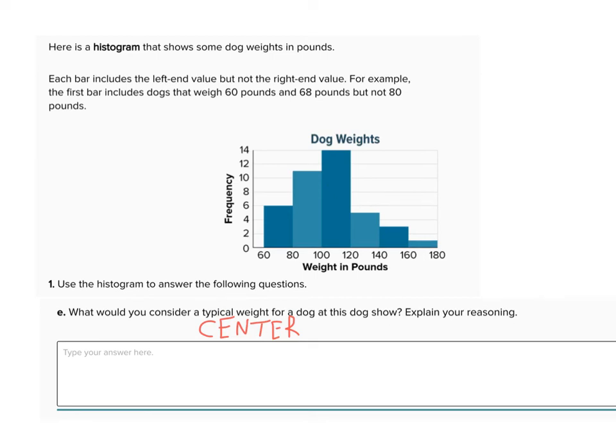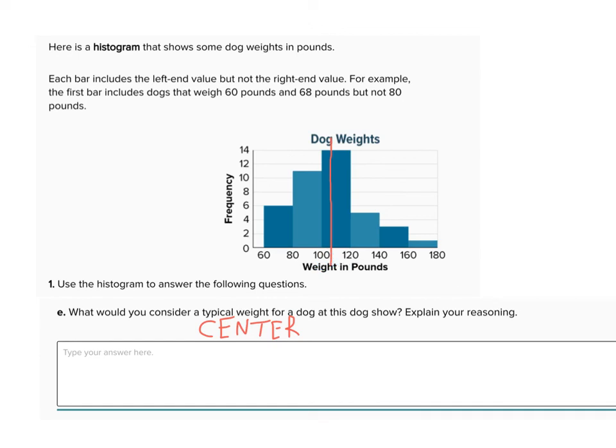I think I'm going to go with 105 because if I drew the line at about 105, hold on, let me make that a smaller line. If I drew the line at 105 right around there, I'm hoping that the number of dogs on the left, the dogs that would be in these bars, are about equal to the number of dogs that would be in these bars. But I can see arguments for 110 or 100, or I'd be probably okay with any number that you chose between 100 and 120.